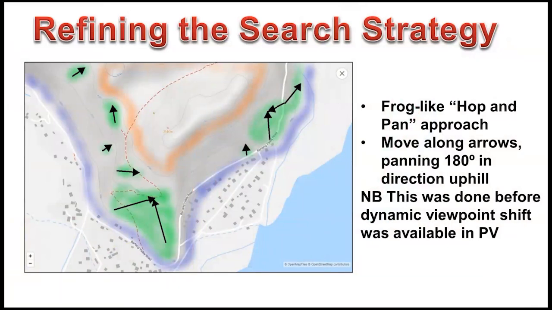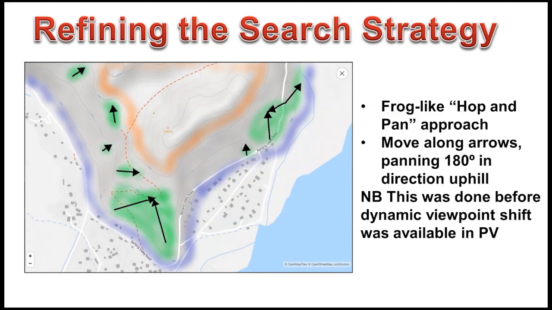But however much you cut down your search space, sooner or later, you're going to have to do the legwork. Search is about sitting there and doing the work. So we would employ what I would call a frog-like approach, hop and pan, hop and pan. We know that we're searching for a view uphill, so we follow the contours to look uphill.